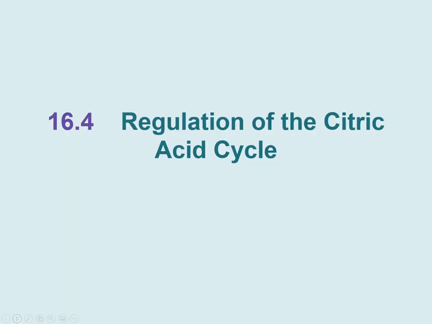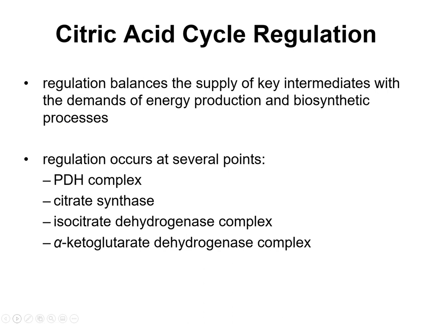Now let's get to the regulation of the citric acid cycle. Regulation balances the supply of all these key intermediates with the demands of energy production and biosynthetic pathways. We said that citric acid cycle can contribute to both.